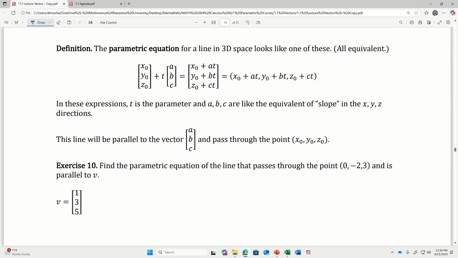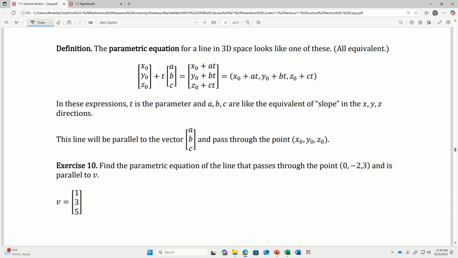The parametric equation for a line looks like one of these things. So there's two equal signs, but there's three different equations for a line. I want you to just accept that these are exactly the same.